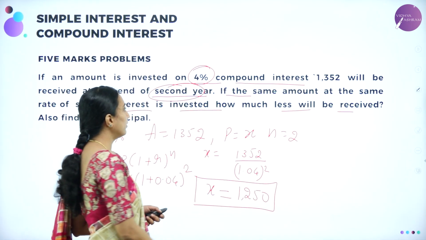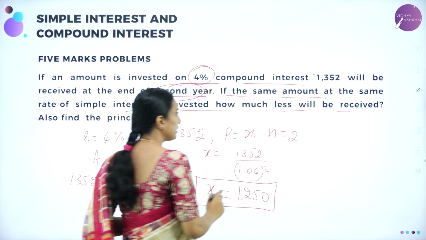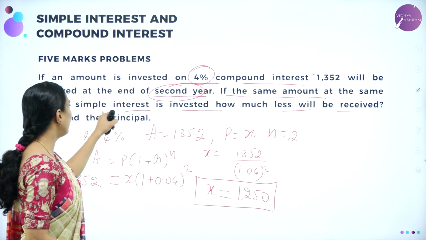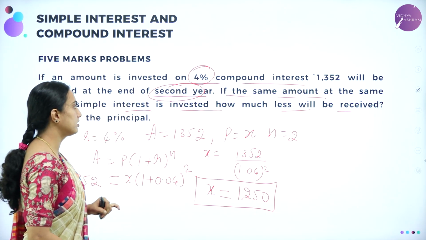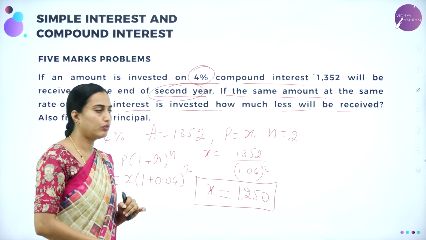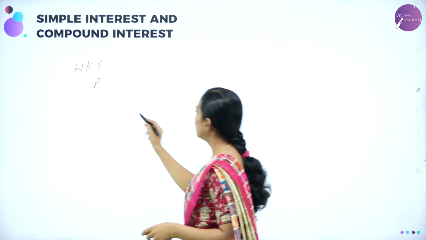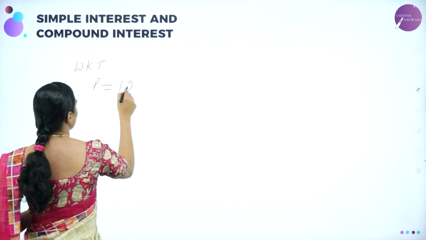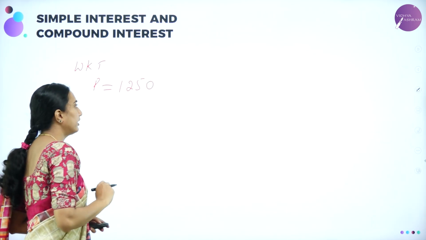Now they have asked, if the same amount, that means the principal amount, is invested at the same rate of simple interest, that is 4%, how much less will be received? So what we need to calculate now: P is equal to 1250, and R is equal to 4%, and T is equal to 2 years.